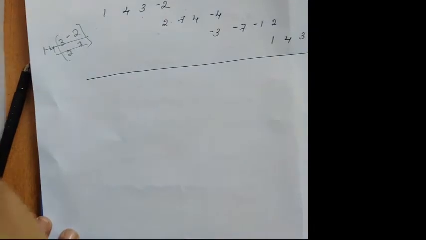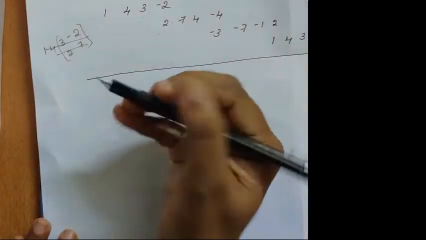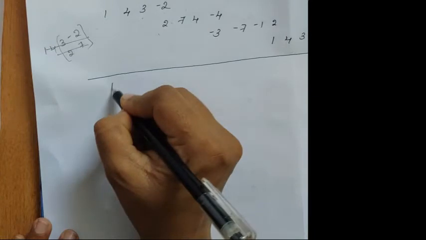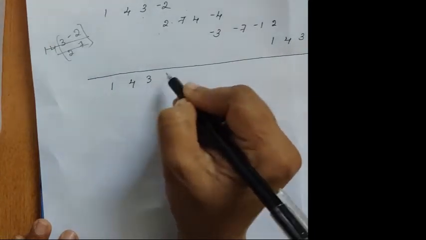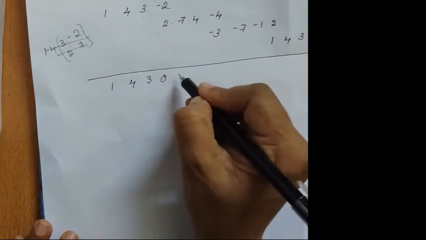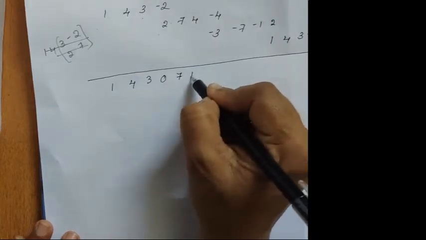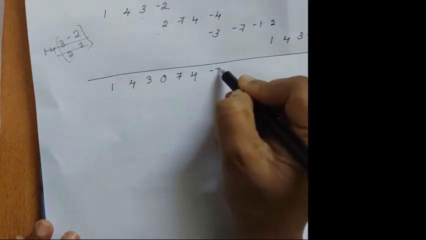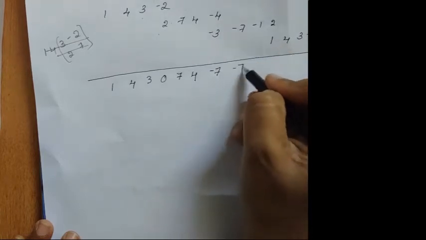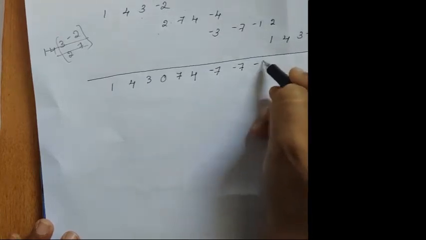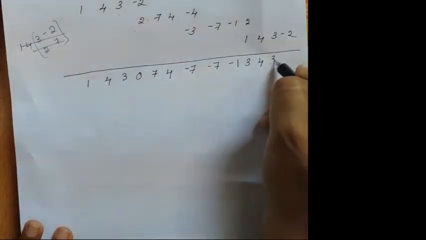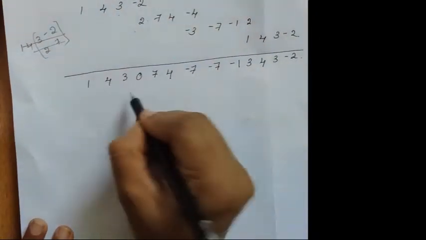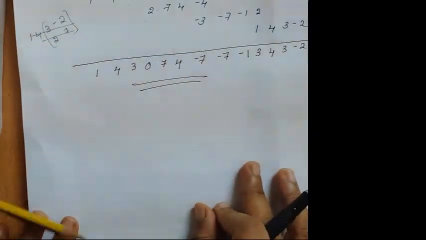Now you have to add the data. So what will you get? 1, 4, 3, minus 2, plus 2, 7, 4, minus 4, plus minus 3, minus 7, minus 1, 2, plus 1, 4, 3, minus 2. This will be your answer.